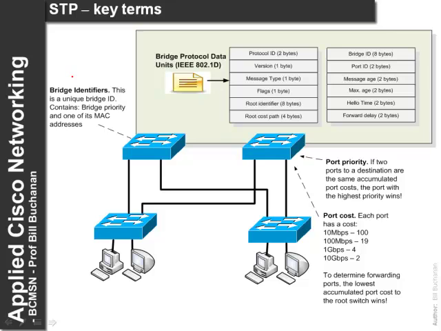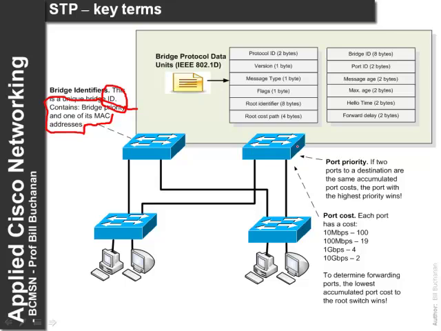Some of the key terms that we have is that we have a concept of a bridge identifier, and that allows us to create a unique bridge ID. Typically it's the bridge ID priority and also one of its MAC addresses. It then uses this in an election process to find the switch which is seen to be the root of the network.